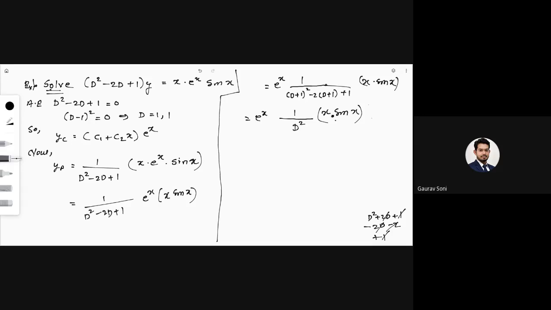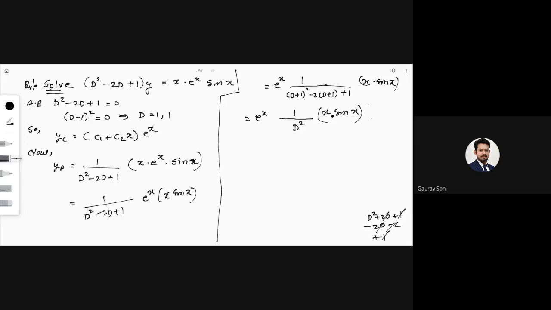So you cannot replace d square directly. We have to apply rule 6.